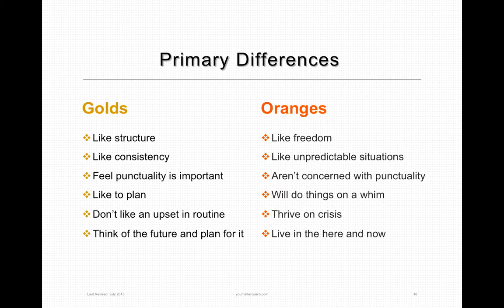A lot of them tend to be orange. So I think that's kind of interesting to think about. We need all of the different kinds of personalities or communication types because we need a little bit of everything. Okay, so this is kind of neat.